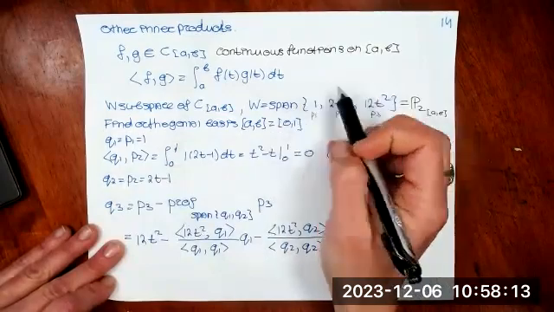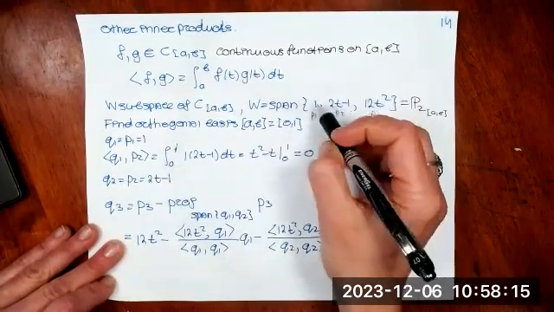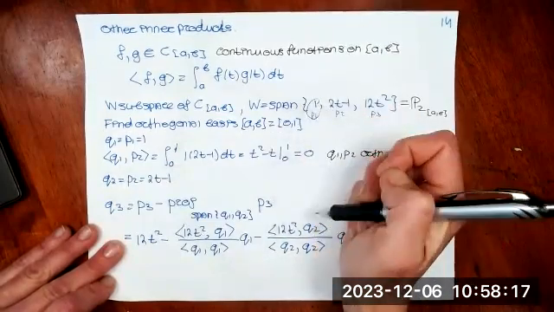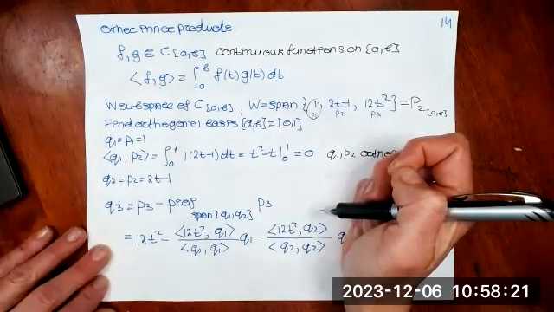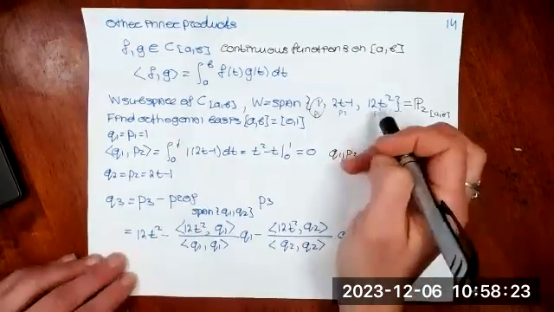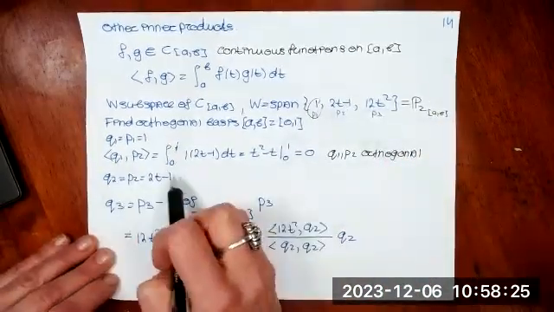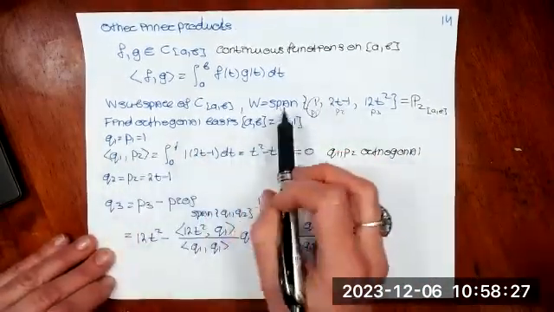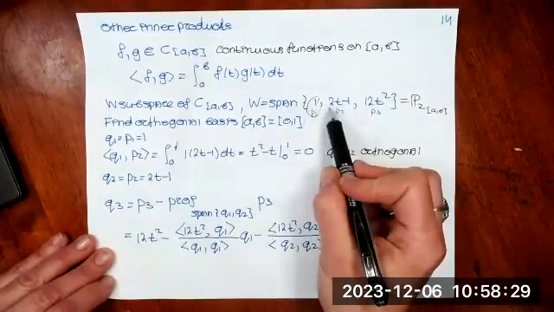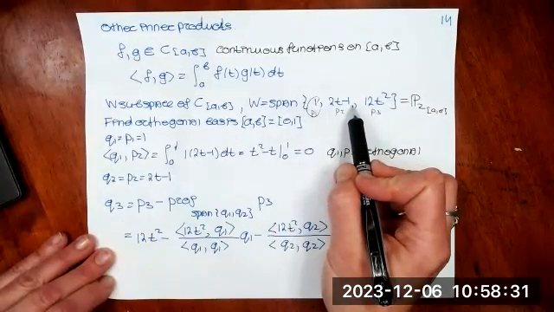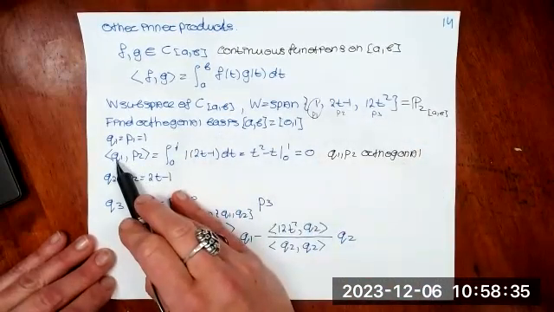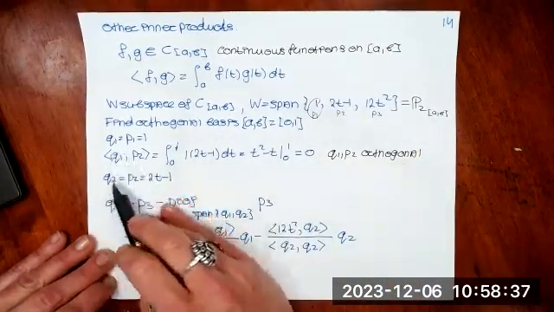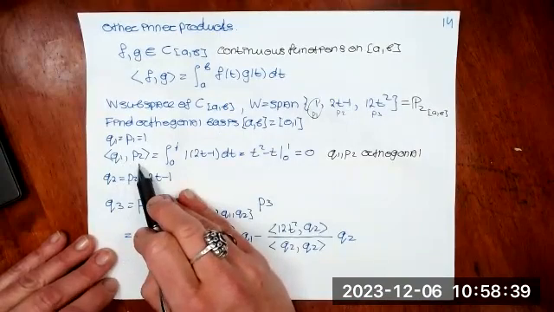If this is the basis that you have, you can again take the first vector as you had before. You can take the second one as you had before if it's orthogonal to the first one. So is 1 orthogonal to 2t minus 1? Check it with an inner product. What is the inner product of P1 and P2?